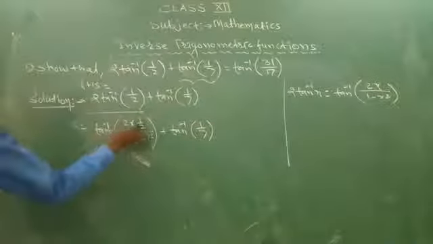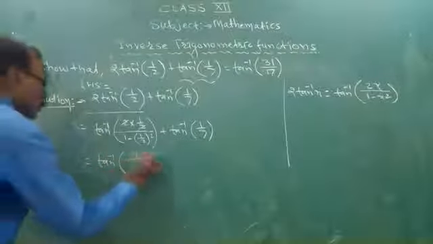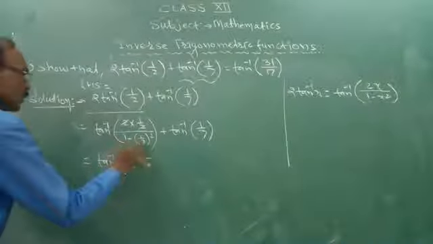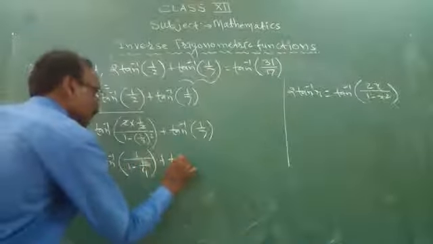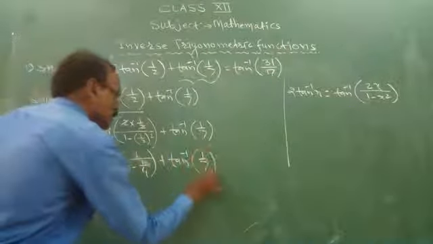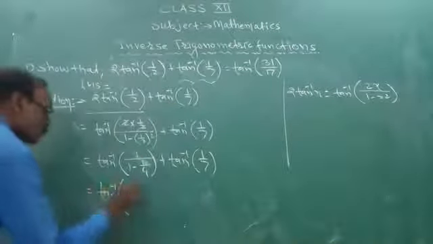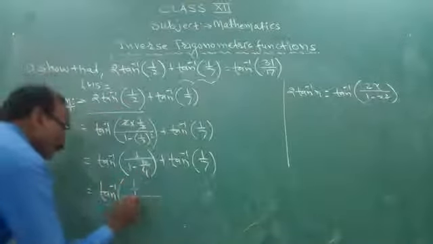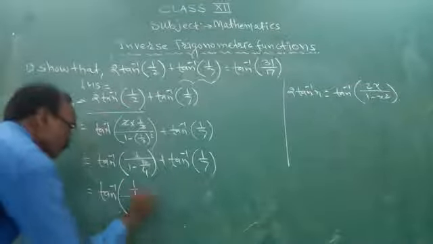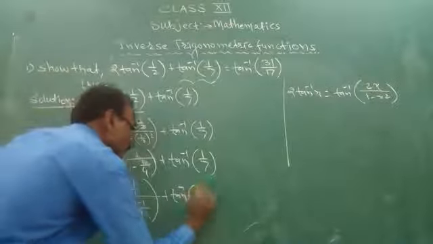So that 2 will get cancelled. Tan inverse, so 1 upon 1 minus square of 1 by 2, which is 1 by 4, plus tan inverse 1 by 7. That is tan inverse, this is simply 1 upon 4 minus 1 by 4, plus tan inverse 1 by 7.